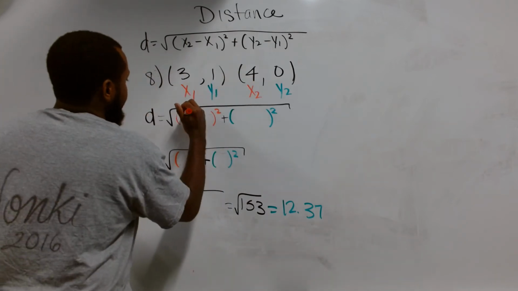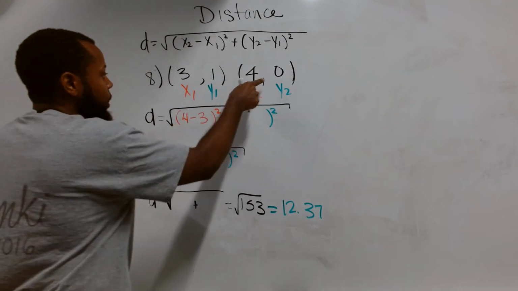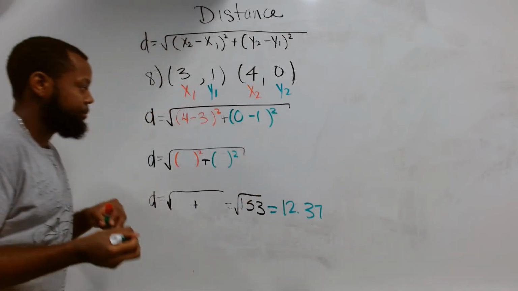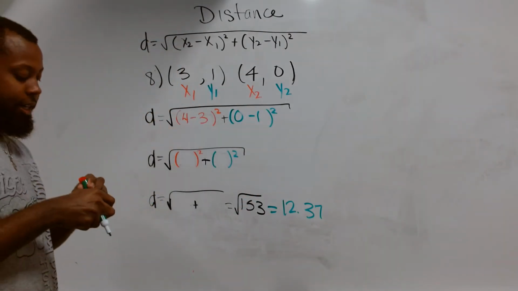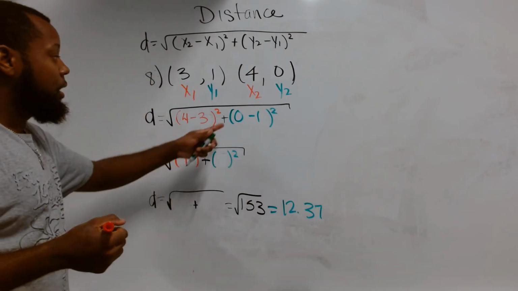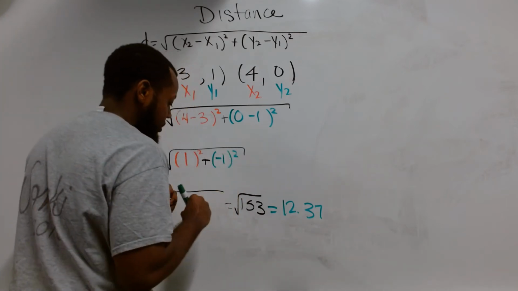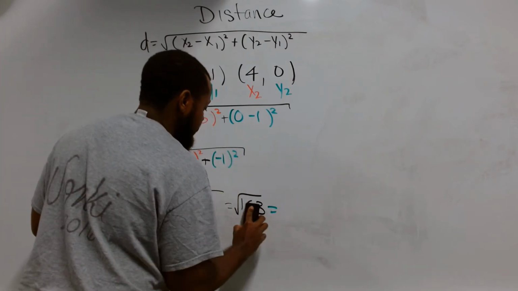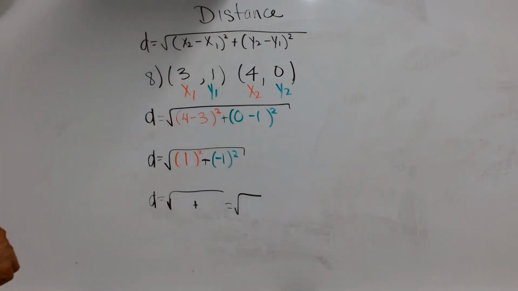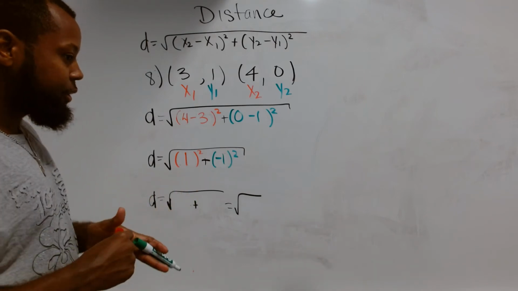4 minus 3. Let's focus on our y's. Y2 is 0. Y1 is 1. Let's focus back on our x's. 4 minus 3, that is just 1. 0 minus negative 1, that is just 1. 1 squared is just 1, and 1 squared is just 1.